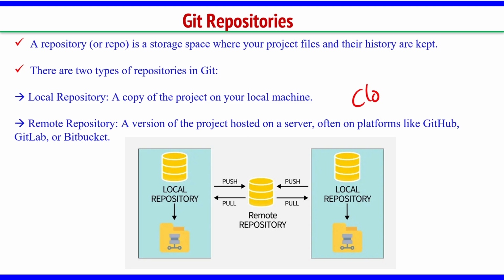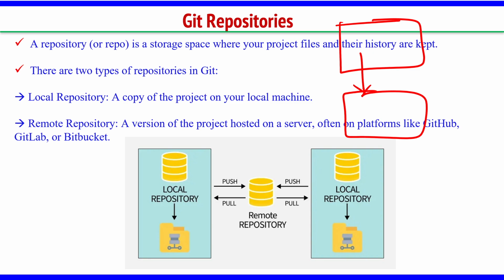Basically they are cloud platforms. It is obvious that developers will not be working in remote repositories directly. What they do is, from the remote repository, from the cloud, they will download that code into their local machine. Here they will make changes, test, play with that code.